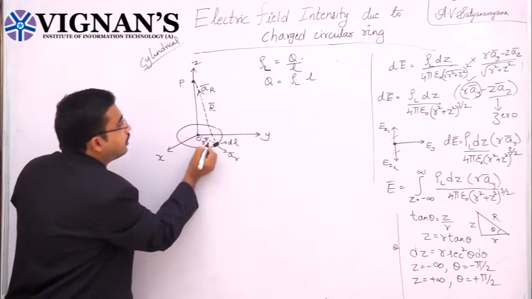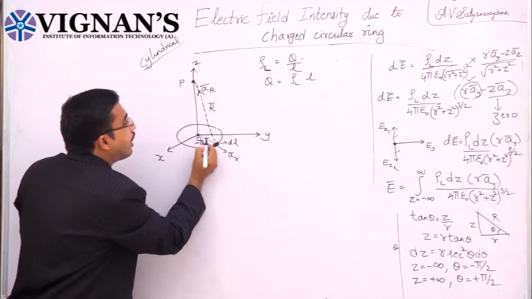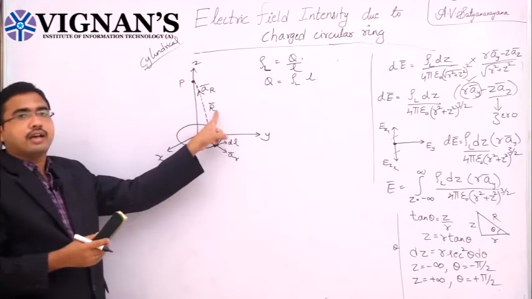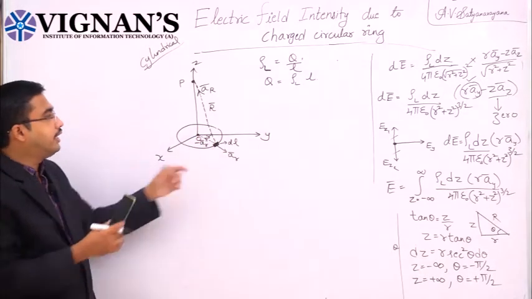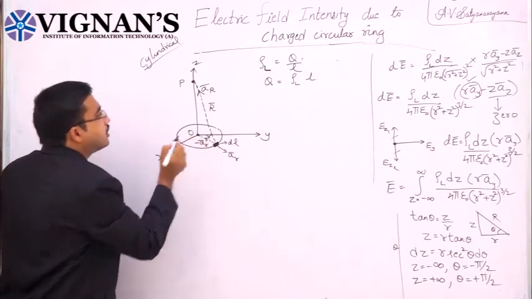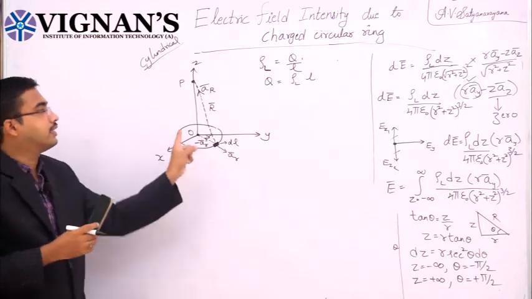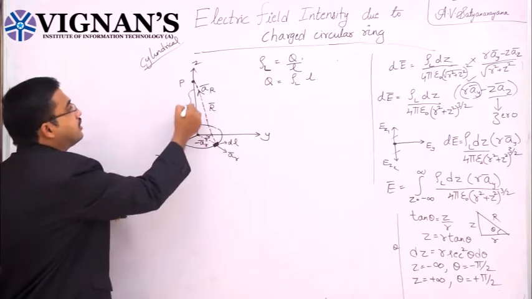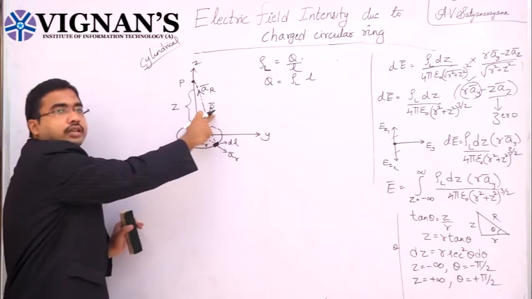So what will be the vector here? The vector will be minus ar bar, and the distance is r. This distance from origin to dl will be small r, and the unit vector towards the point P will be minus ar, and this distance will be z. Now how to find this distance vector R bar?